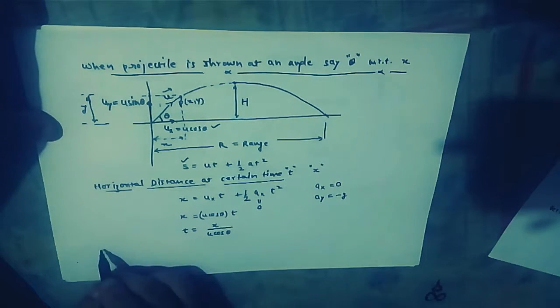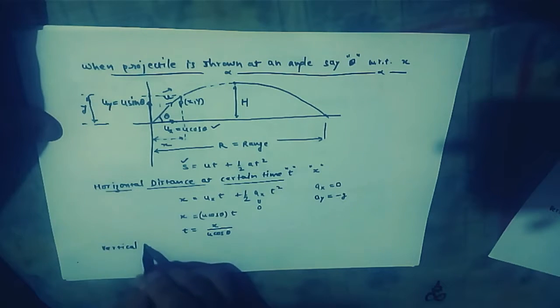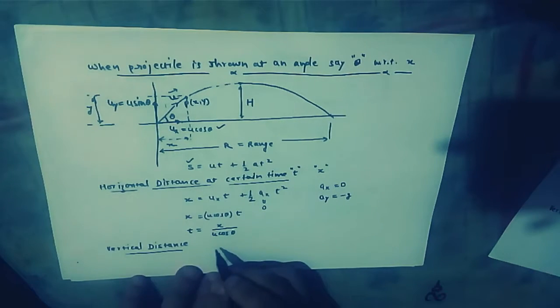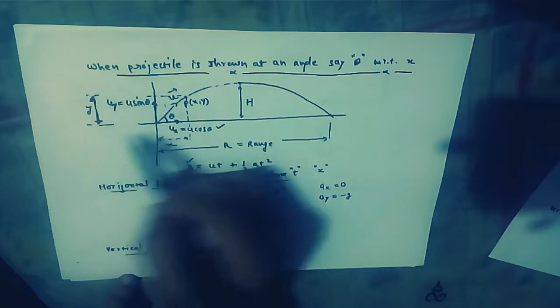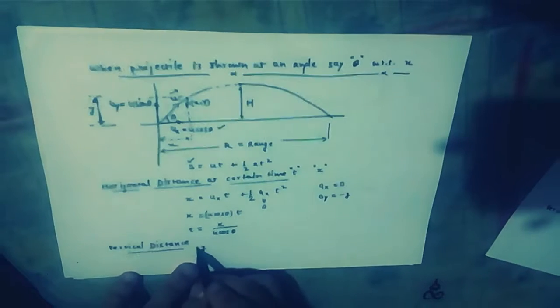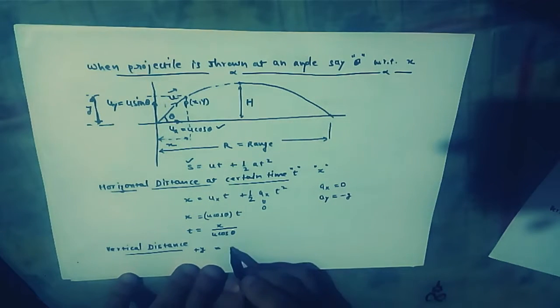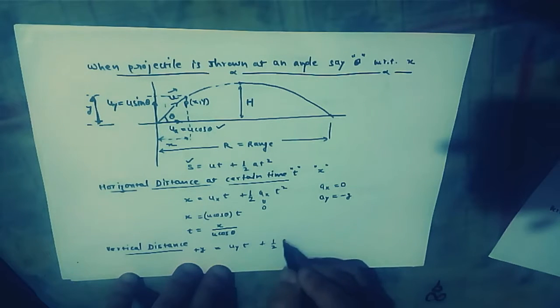Similarly, the vertical distance. Here you will put y, because that is the distance traveled, and it is going upward right now. So y equals uy t plus half ay t square.